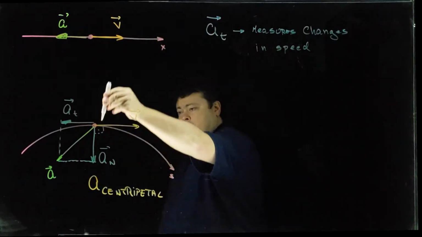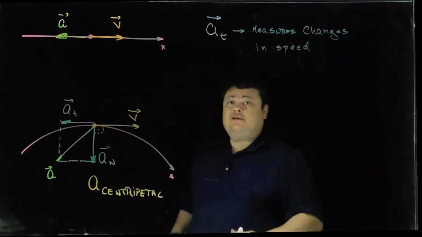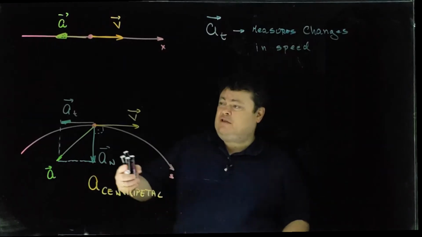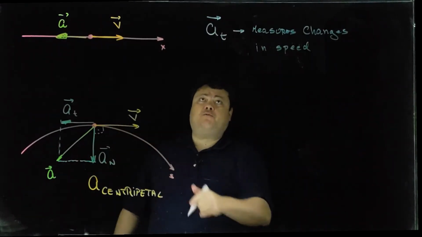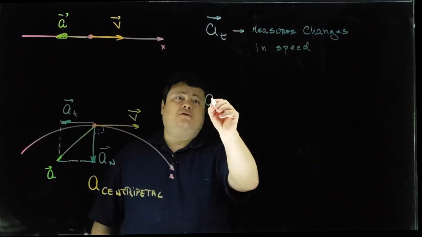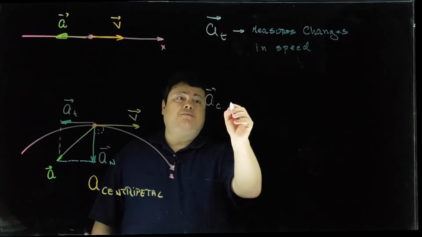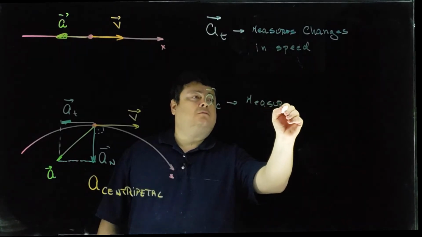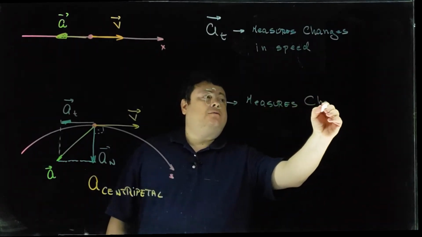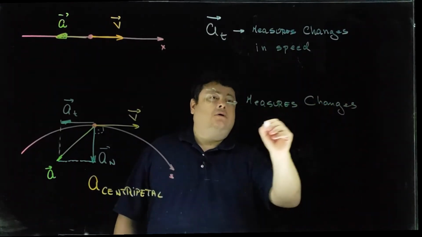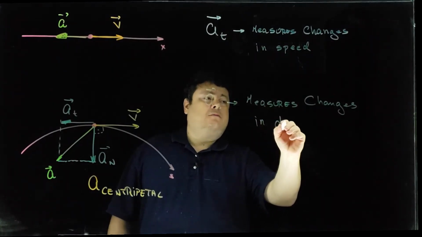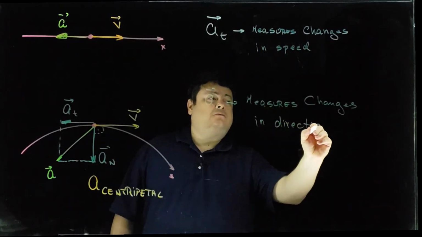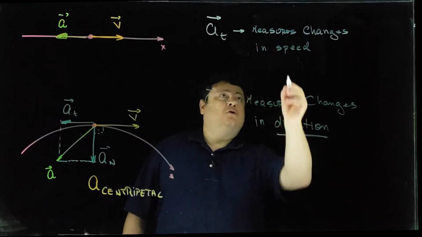And the centripetal acceleration is the new thing, is the one that when I have a centripetal acceleration, I'm going to have a curved path. So the centripetal acceleration, AC, will measure changes in direction of your object.